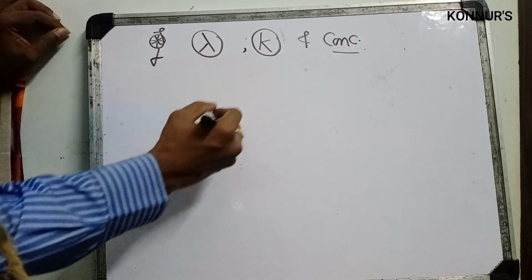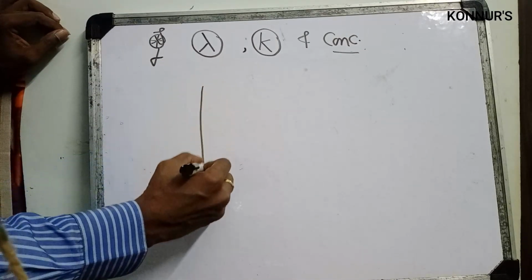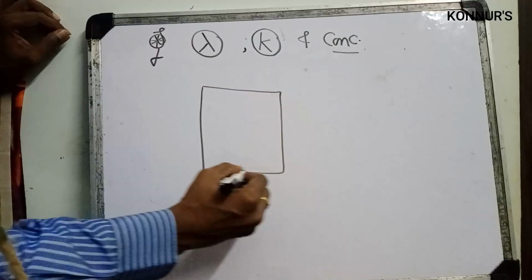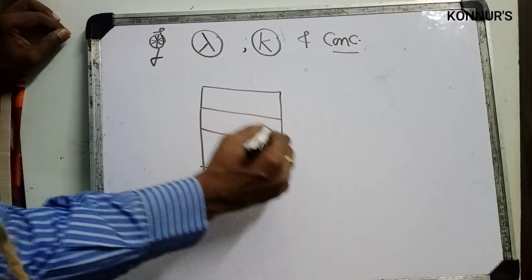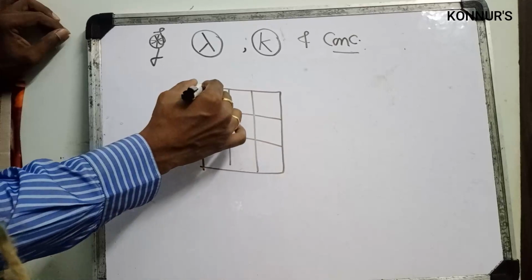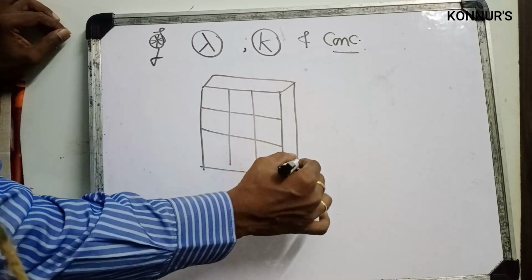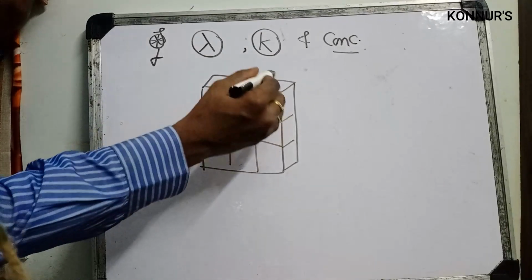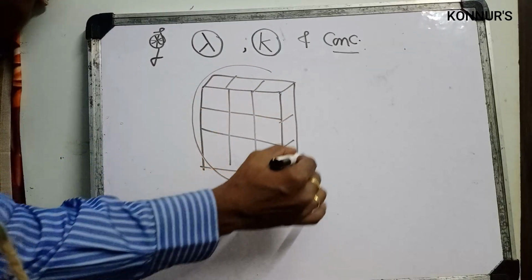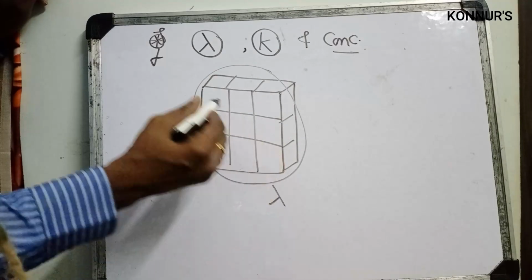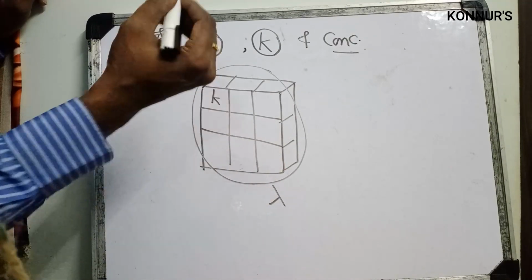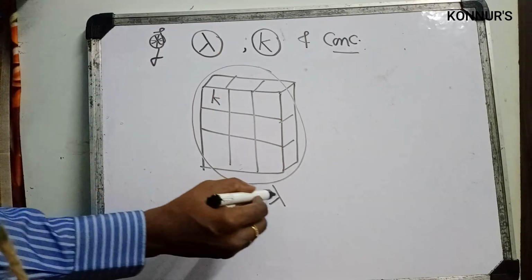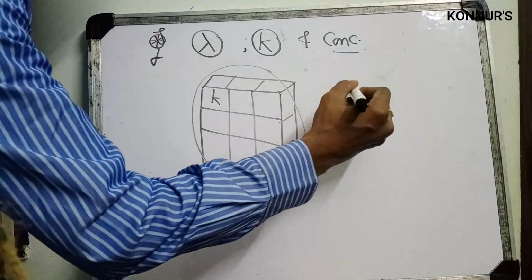See, in the same manner as previously, take 9 boxes. The total solution conductance you can take as lambda. One box you can take as a K value. What is the relation between lambda and K?